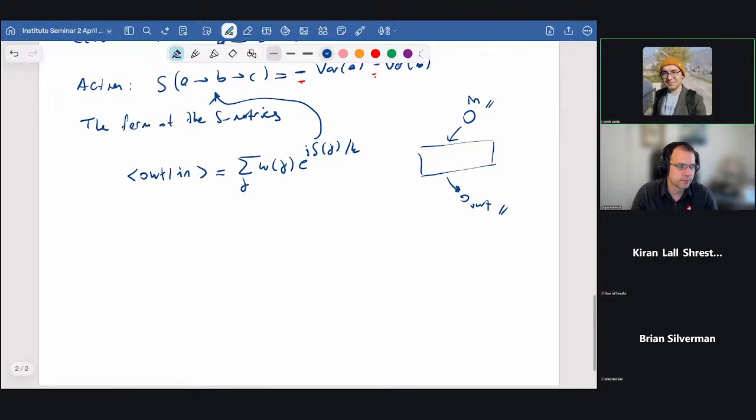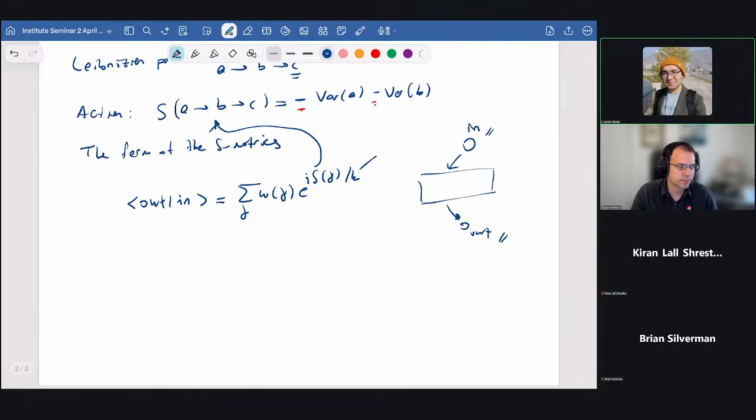I mentioned the free parameter K is a free parameter, and we have the usual complex amplitude, so complex number I. So this is the definition of the transition amplitude for obtaining the out string beginning with the in string. And so the sum over paths from input to the output.